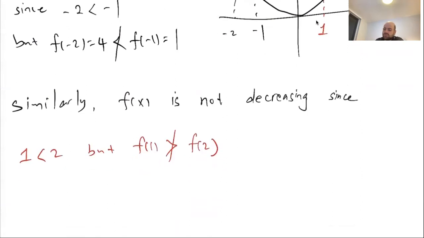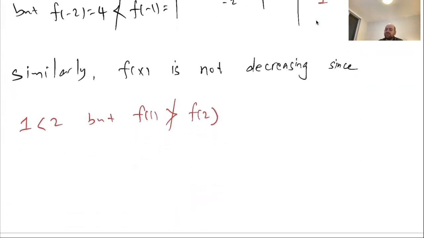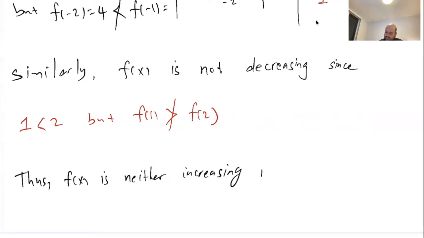And similarly, to show not decreasing, again, one counterexample would suffice. So we showed that f of x is neither increasing nor decreasing.